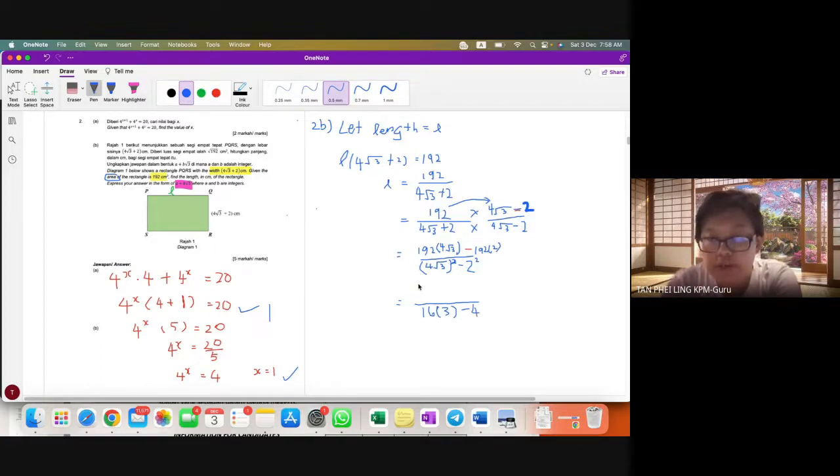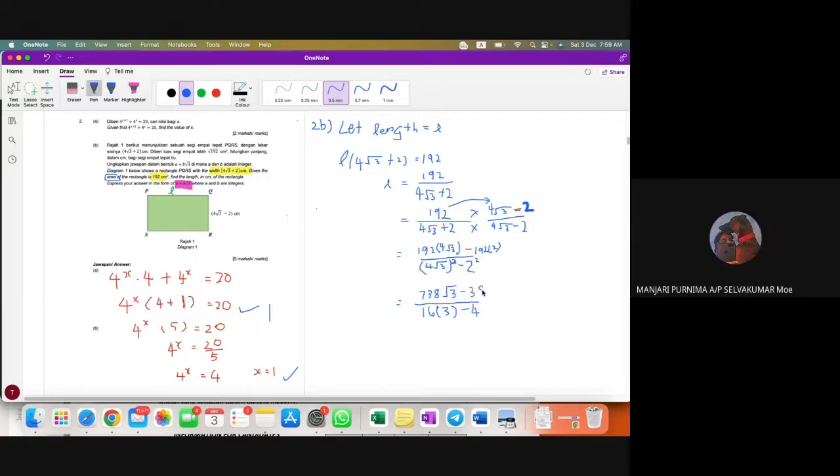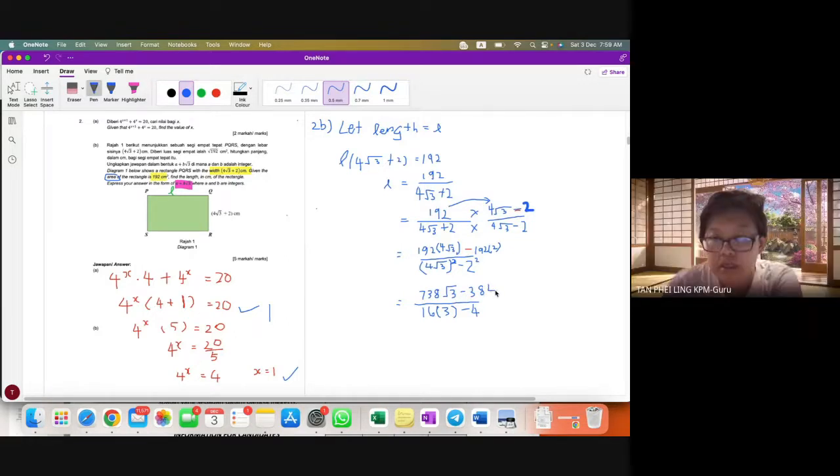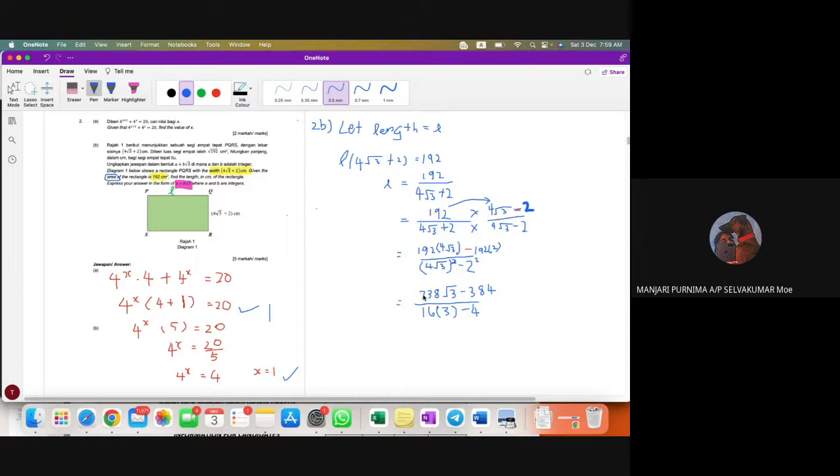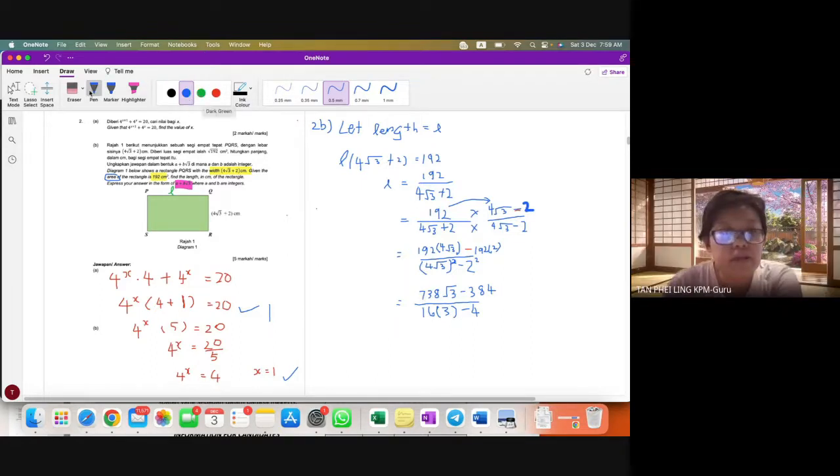192 times 4 is what? Can I have the number? 738, I think so, right? 738 square root 3. Am I wrong? Minus 192 times 2. 768? 768. Yeah. Oh yeah, my mental calculation has become weaker.